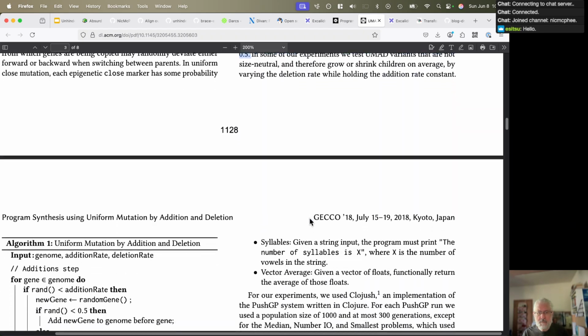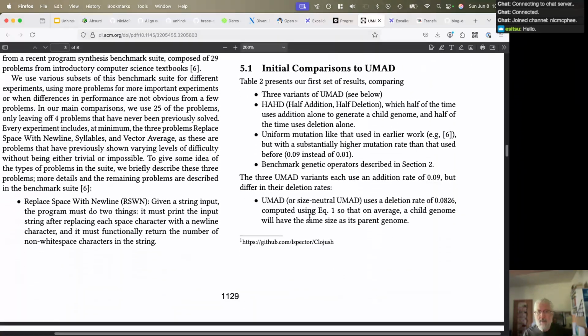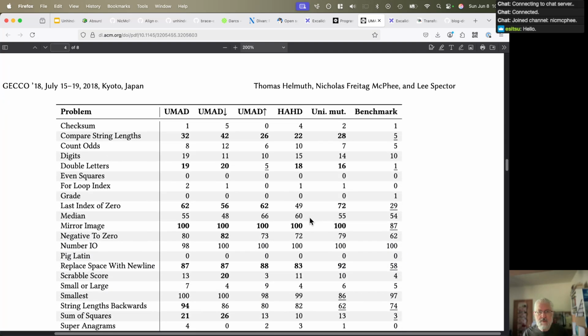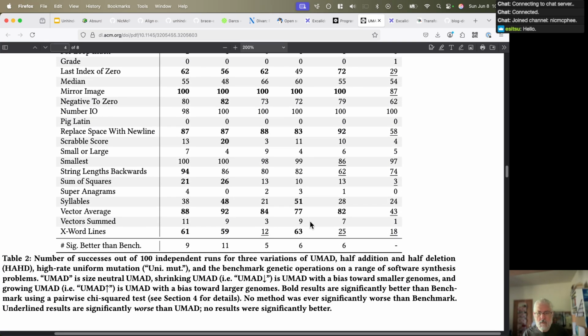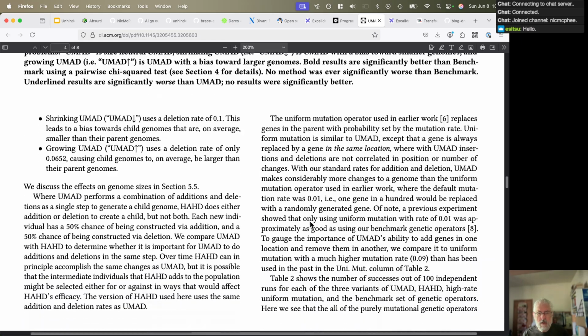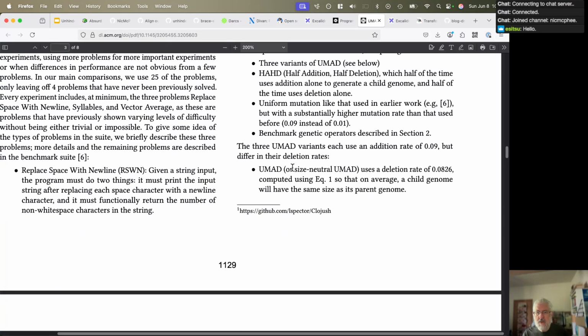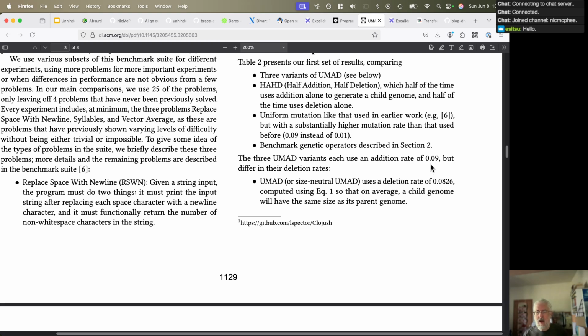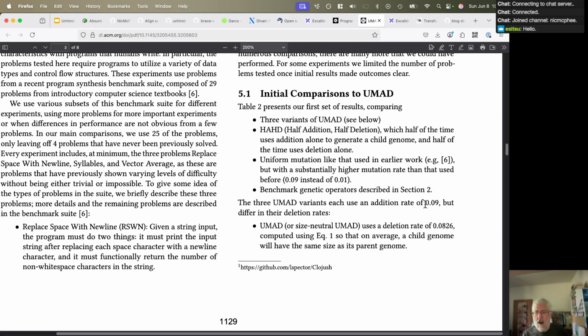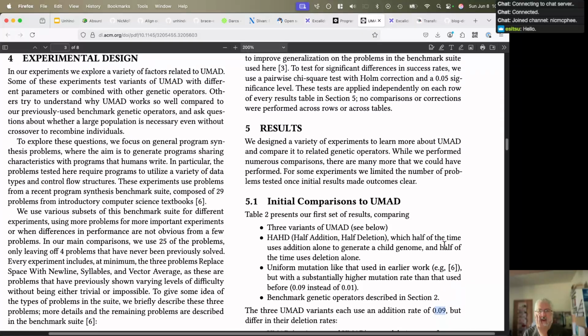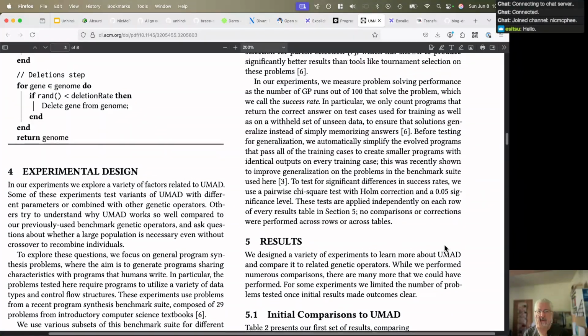Now I also want to look, because there's data here with different rates. I thought. Okay, yeah, here we go. So size neutral UMAD has an addition rate of 0.09, so a slightly lower addition rate than ours. And I don't know if there's any argument for why that number was used. I honestly don't remember if we had any justification for using that number in particular.